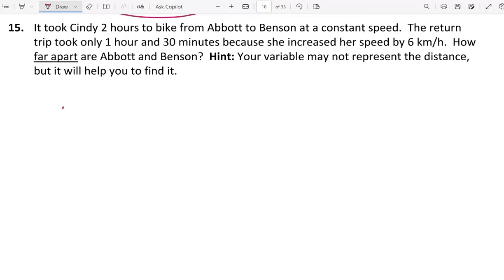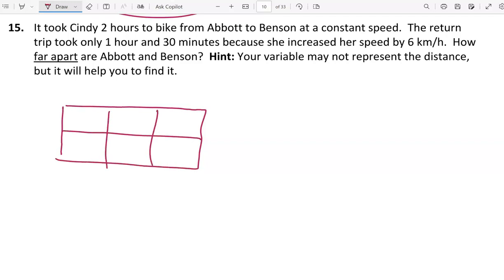Okay, so again, we'll set up a chart: distance, rate, and time. And our rates are now measured in kilometers per hour. That suggests that we should multiply by hours and get a result measured in kilometers. And we're going from A to B, and then B back to A. So it took Cindy 2 hours.